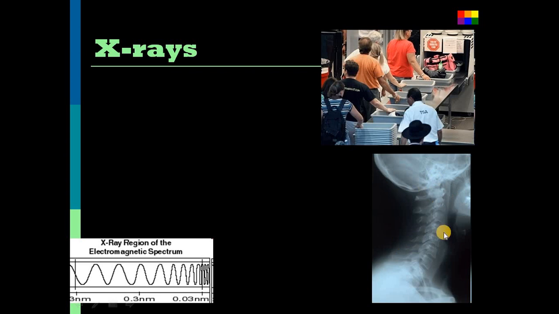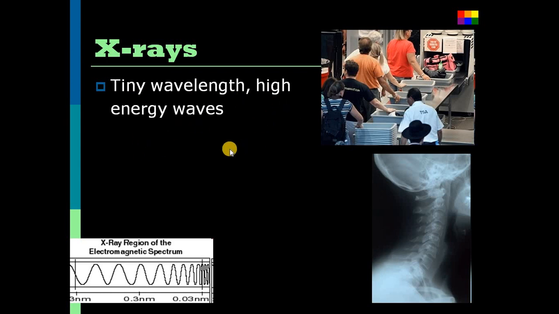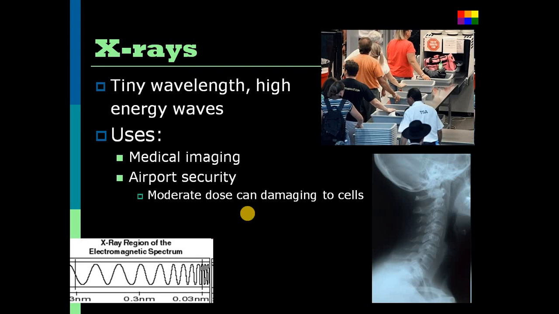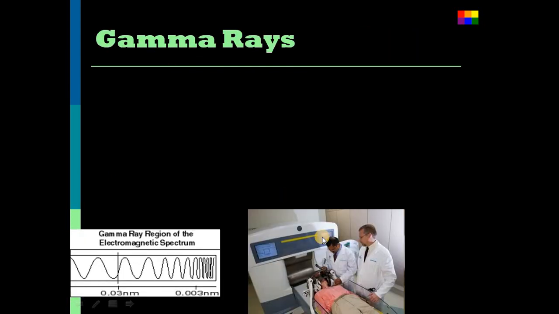This picture also you might be familiar with: the X-ray, related to medical, to take the picture of your body to detect whether the bones are cracked or not. These are very tiny wavelengths having very high energy because frequency is very high. They are generally used in medical imaging and airport security, and moderate doses can damage cells also.